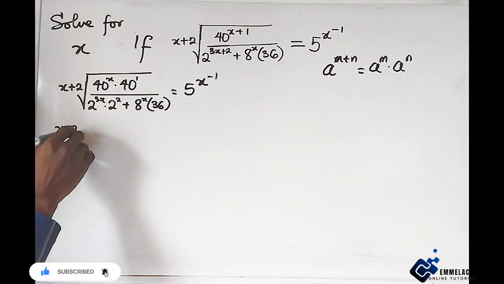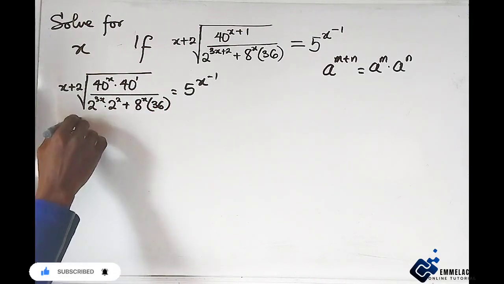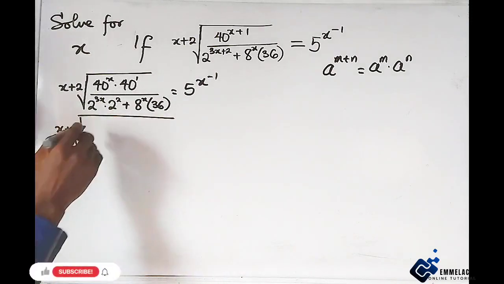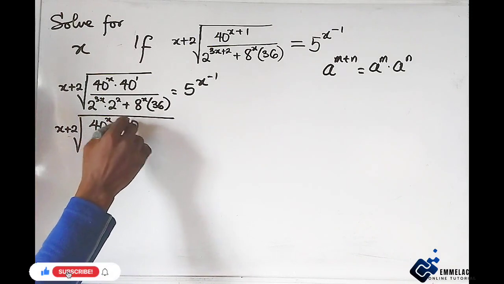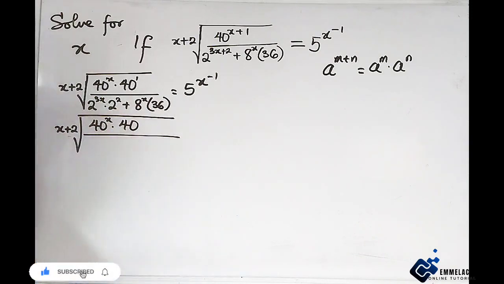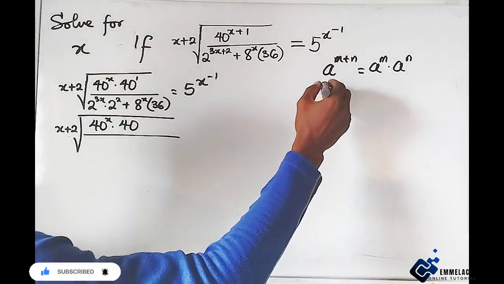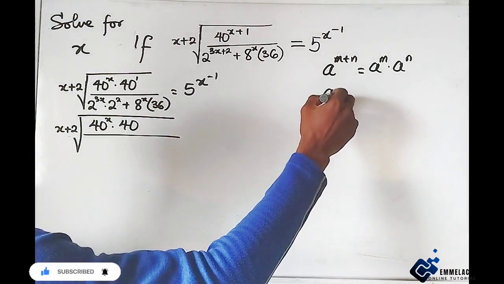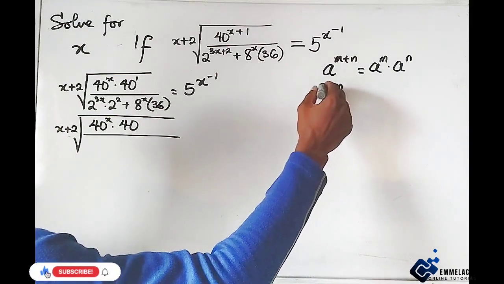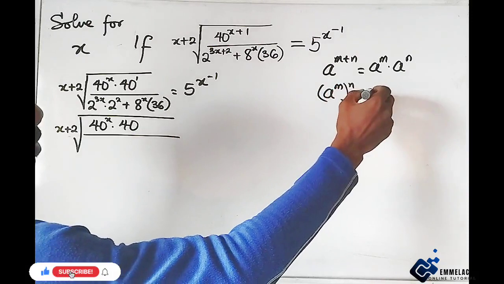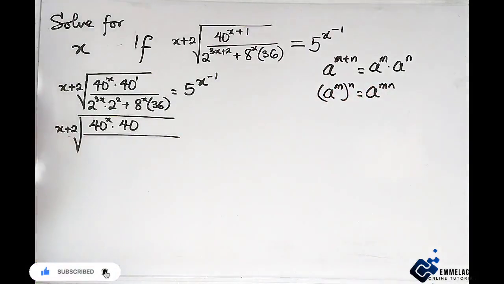The (x+2)th root of 40 raised to the power of x times 40 raised to the power of 1, then all over. Take note that a raised to the power of m times n is the same as a raised to the power of mn, which means you can multiply.